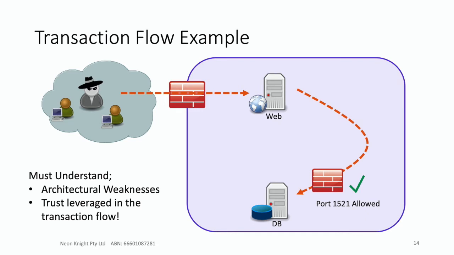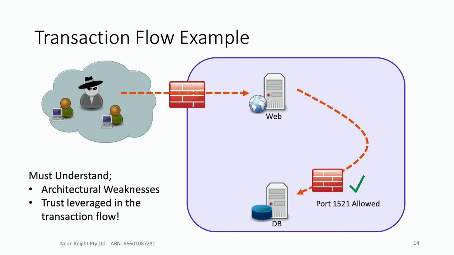But before I move off this example, I just want to point out the importance of the overall architecture. So if we take this example, the architecture is very similar to the first 3-tier example. But this one just uses a direct connection from the web tier to the database. So if we have a compromise of that front-end web server, then the miscreant can potentially get direct access through that open port, say 1521.